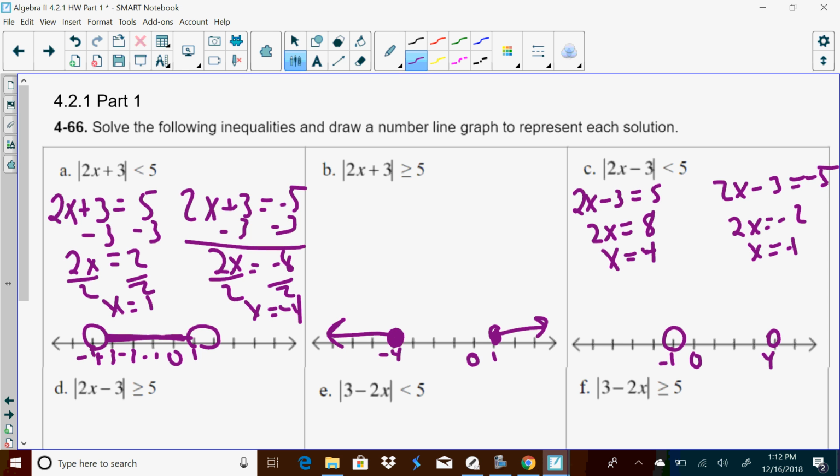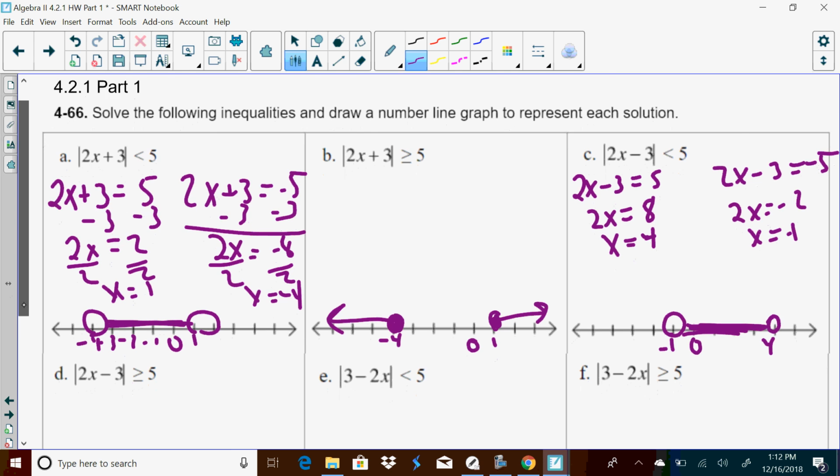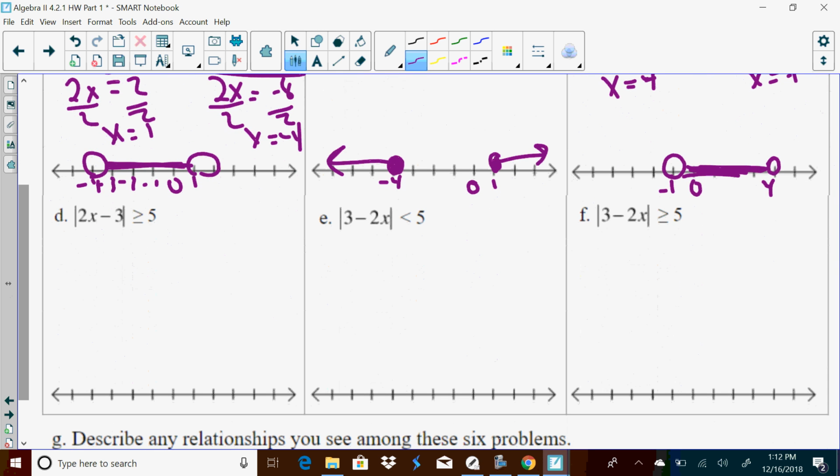So then we plug in a value. I plug in 0. So I get the absolute value of negative 3, or 3 is less than 5, which is true. So I draw between the two lines. D, I don't have to do anything. It's the same problem again. So I just have to make sure. So this time it's a closed circle, and it's going in these directions. It's less than negative 1 and greater than 4.